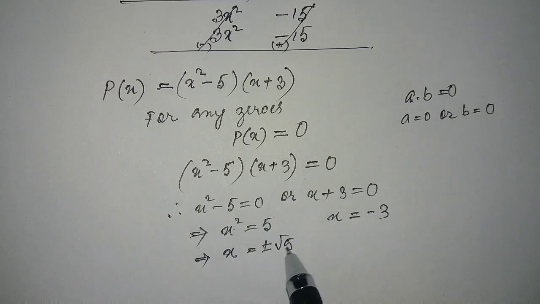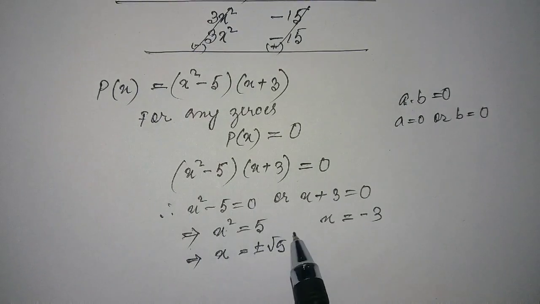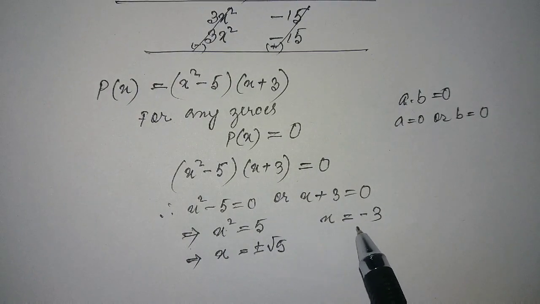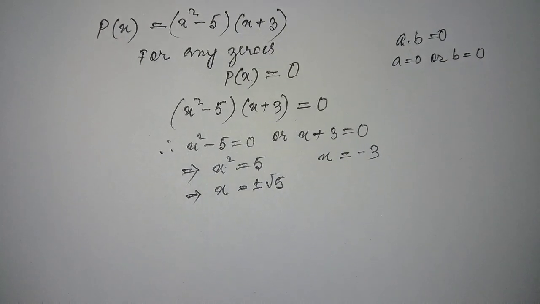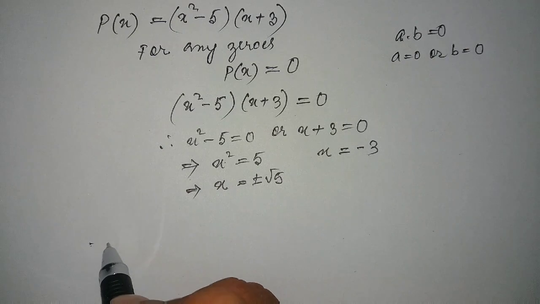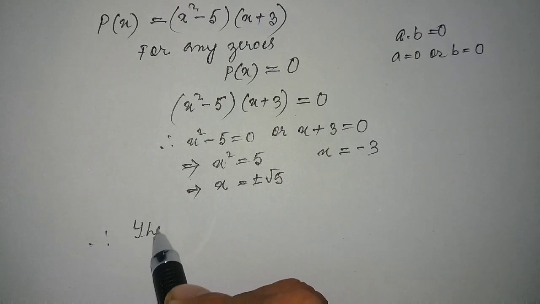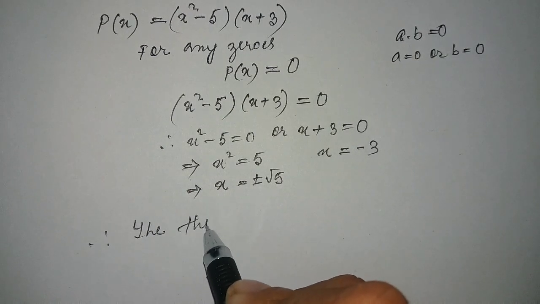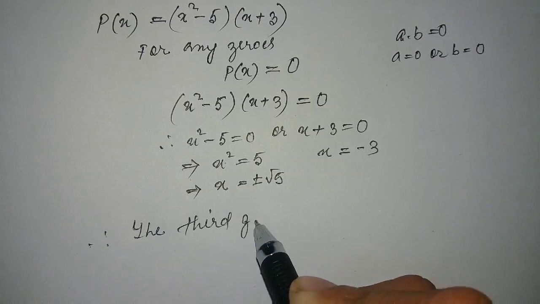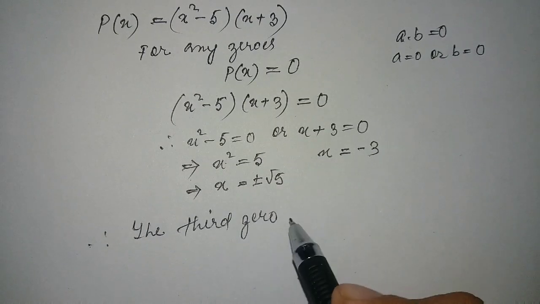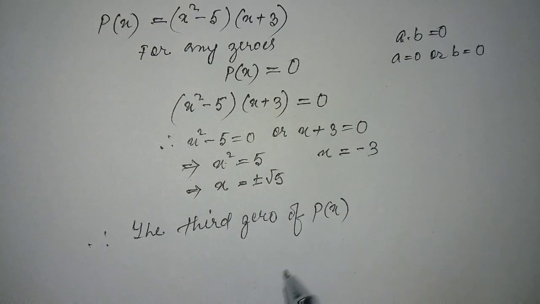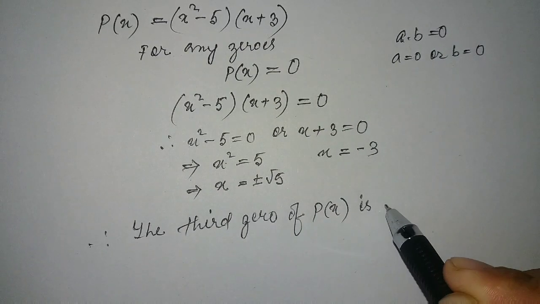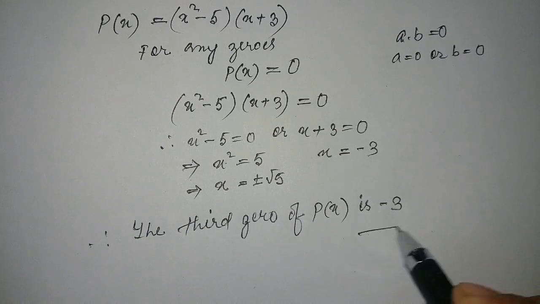Since plus root 5 and minus root 5 are already given, the third zero that we are asked to find is minus 3. Therefore the third zero of the given polynomial p(x) is minus 3. So this is our answer.